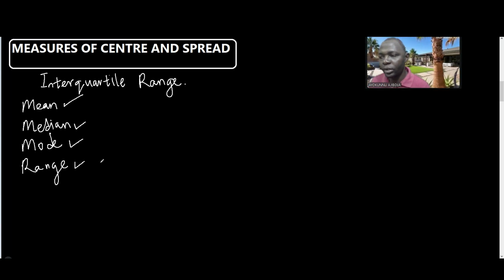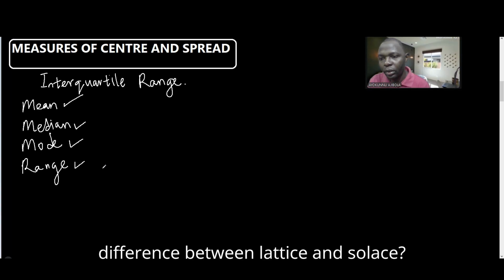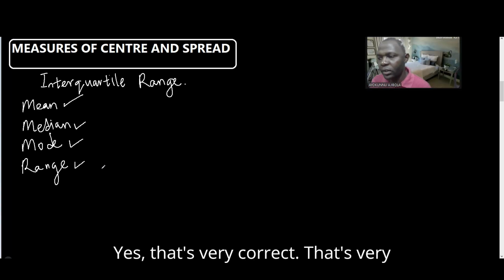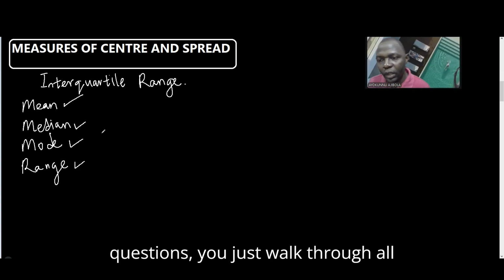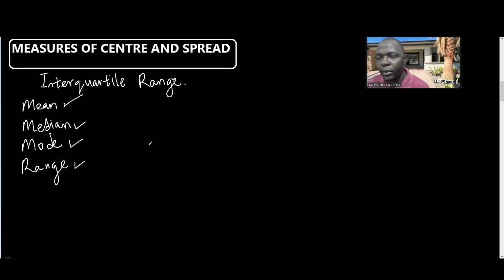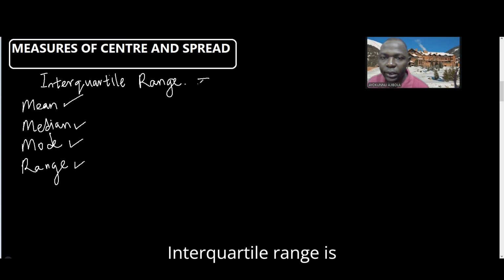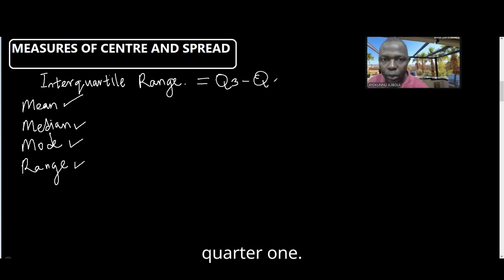How do you find range? Isn't it that you see the difference between the largest and smallest number? Yes, that's very correct. So even if I give you questions, you just walk through all these ones. But now to the interquartile range, it has a formula. Interquartile range is quarter 3 minus quarter 1.